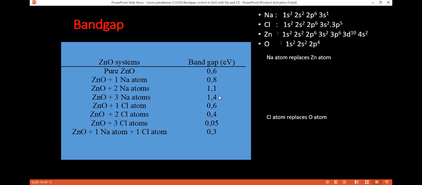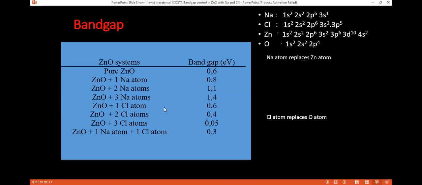Usually, adding a hole will induce a new impurity state close to the valence band. So if we see the band gap increase, it means the impurity state is on the valence band. That's why the band gap increases.